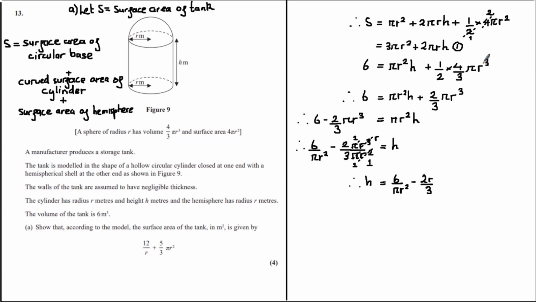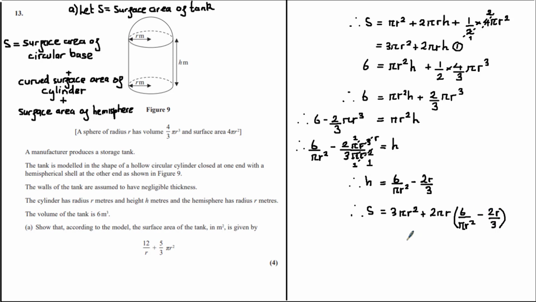Let's now substitute this back into equation 1 and see if we're then able to achieve this expression. So subbing h back into equation 1, we get that S, the surface area of the tank, is equal to 3 pi r squared plus 2 pi r times 6 over pi r squared minus 2r over 3, which was our expression for h.